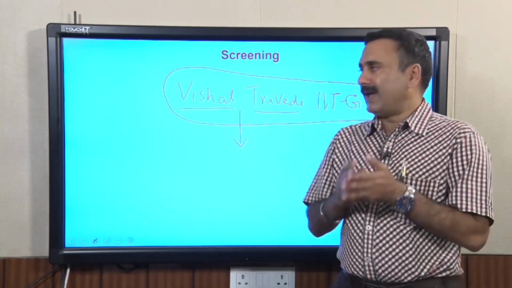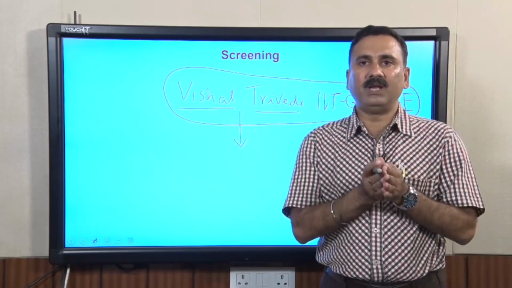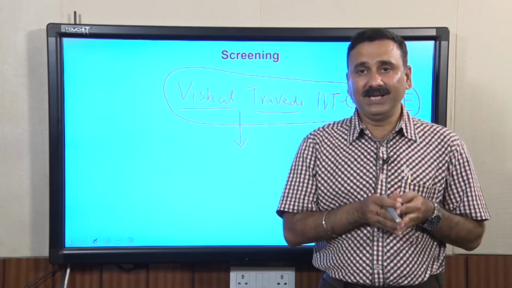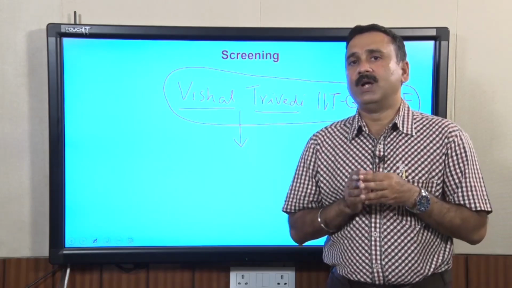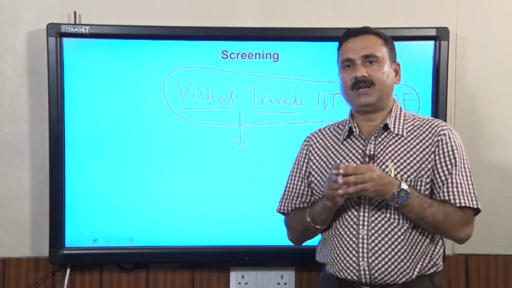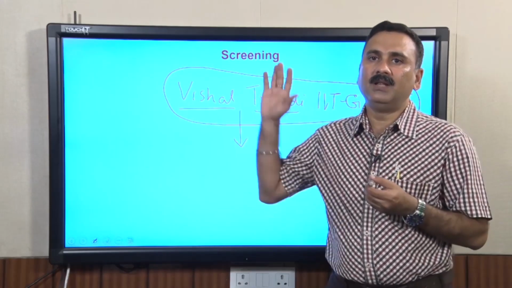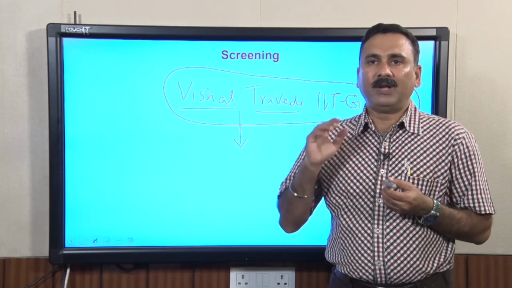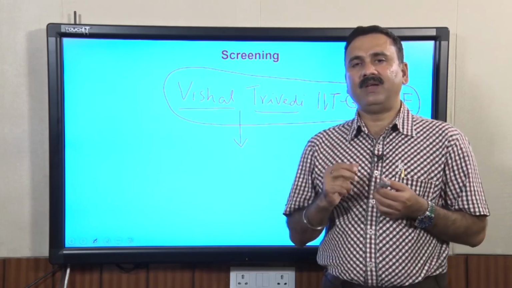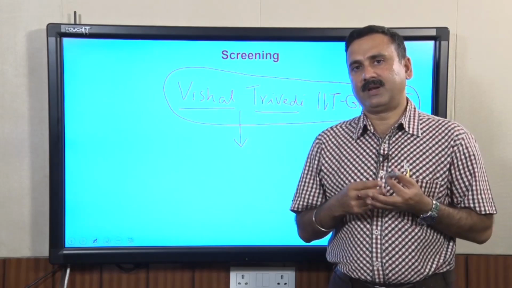Similarly, when we would like to screen the clones for a desired property or for a clone containing a desired gene, you also have to use a specific analytical tool or technique to screen the clones. In the biological system, only two molecules have some kind of ordered arrangement.